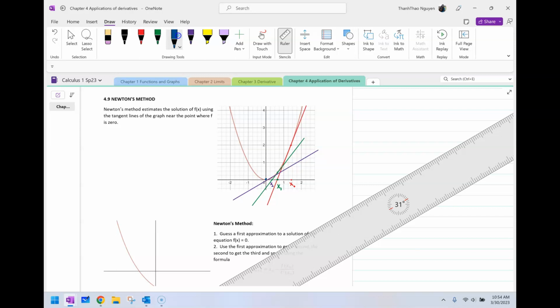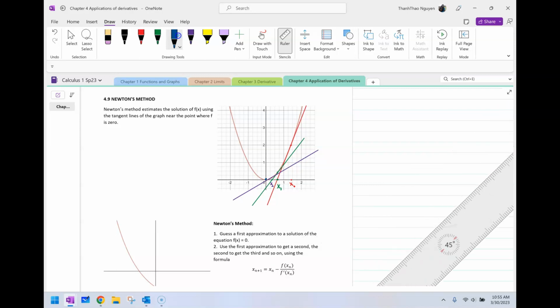Now note that each time we draw the tangent line, the intersection comes closer and closer to the point where f of x equals 0, right? So we can use the tangent line to approximate the zero of the equation.